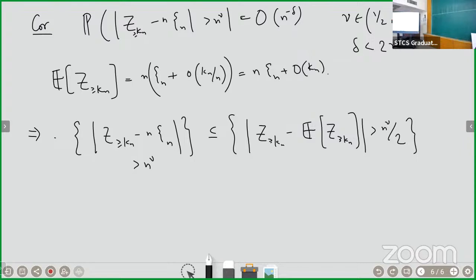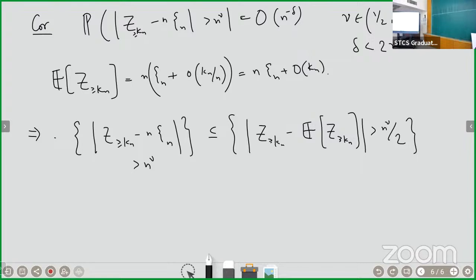Why is this true? When will it be true? This is n and that is n by 2. As long as the error here is small, this is true. So this is nothing but the error term. How large or how small should this be for me to allow to do this? Some relationship between K and n to the nu.